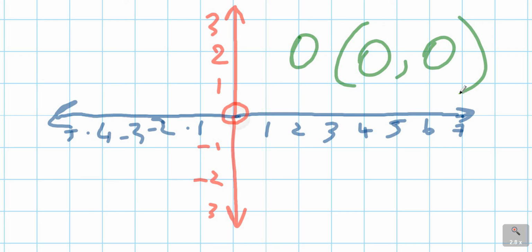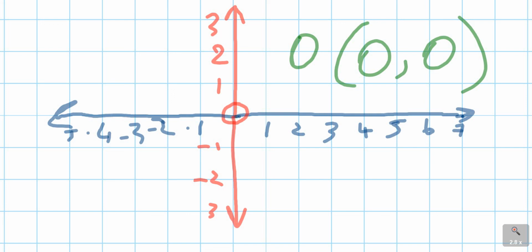Therefore, my point will be right here. I make no movements on the x and no movements on the y, so I am located at the origin. That's where all points start, from the origin.